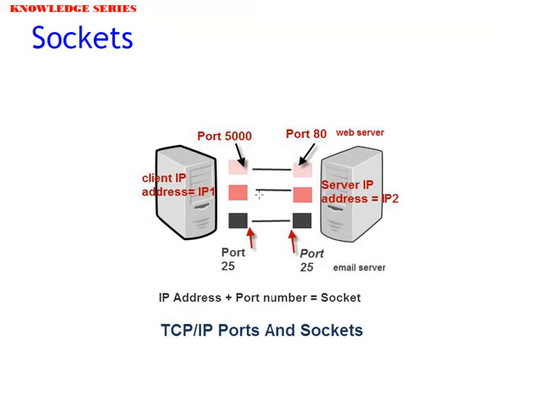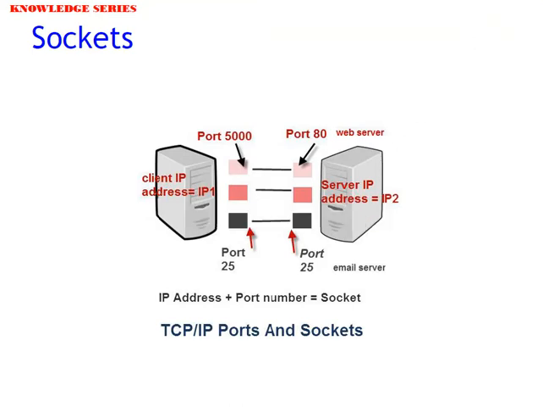So IP2 plus 80 automatically gives the way out to the internet world. That means IP1 plus, let us take 100 as the port number, IP1 plus 100, and here it comes IP2 plus 80. It will go to the internet world and look for the Google server.